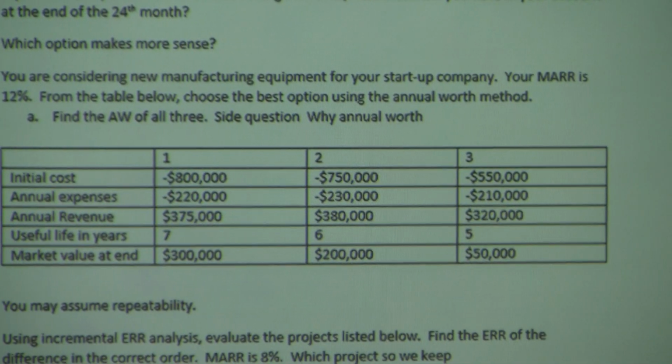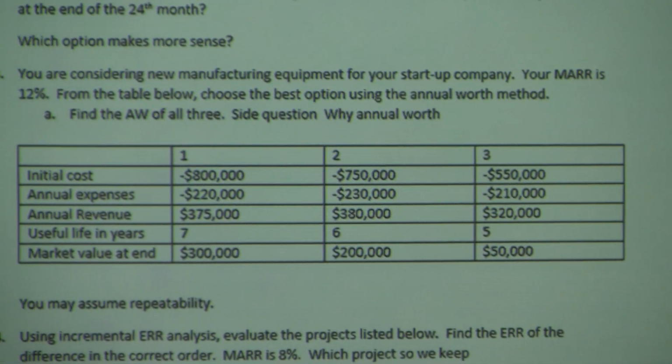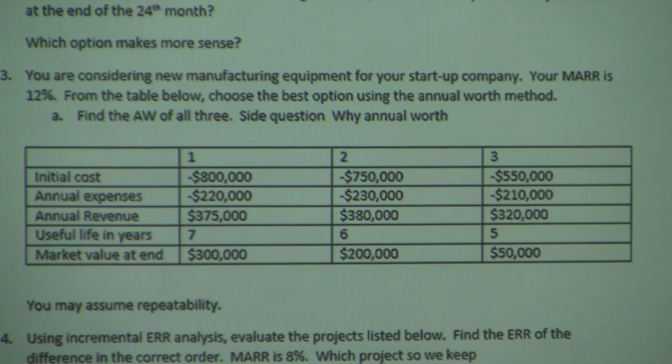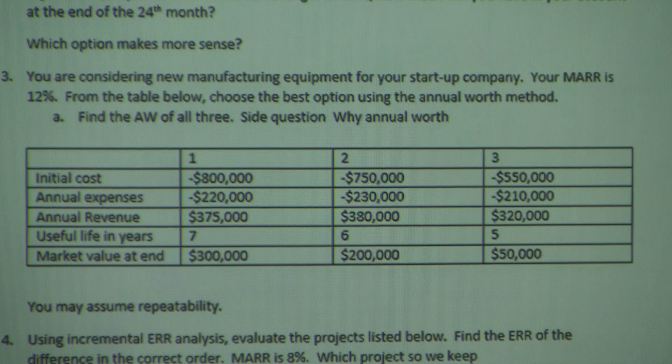Then we could use present worth or future worth. But what did we assume in order to be able to do that? Repeatability, exactly. It basically means we're going to buy this thing, use it, sell it, and the very second we sell it, we're going to buy another one. And we're going to repeat this process over and over.